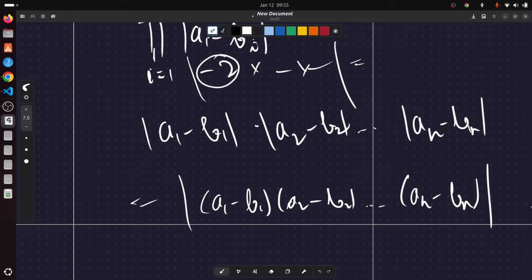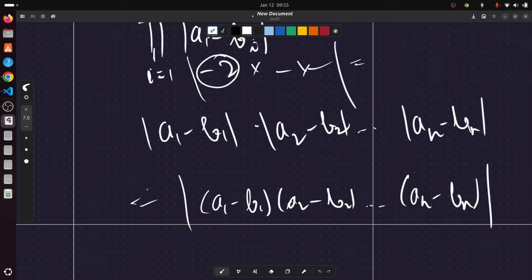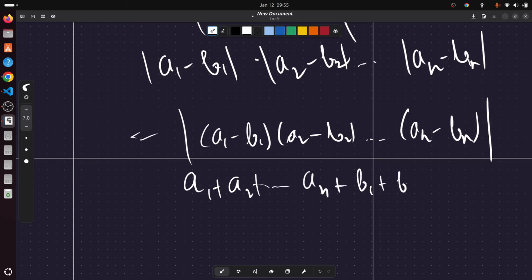So I have to find the sum of this quantity over all distributions of ai and bi, such that a1 plus a2 up till am plus b1 plus b2 up till bm should be equal to n.